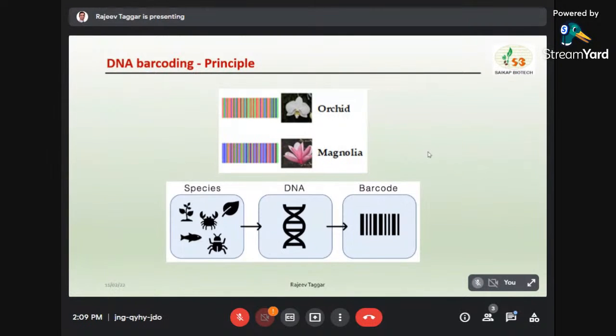In fact, it is a bit more successful in microorganisms and animals than it is in plants. Anyway, from the life forms, we extract DNA as we discussed yesterday, and then from there on we need to do the DNA barcoding, which we shall be discussing.